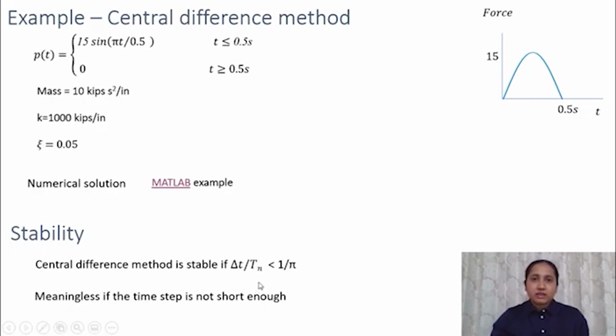So the response values we get through this method, if the time step is not small enough, will be meaningless. So whenever we are using the central difference method, we need to make sure that our time step is smaller than 1 by pi times the natural period.